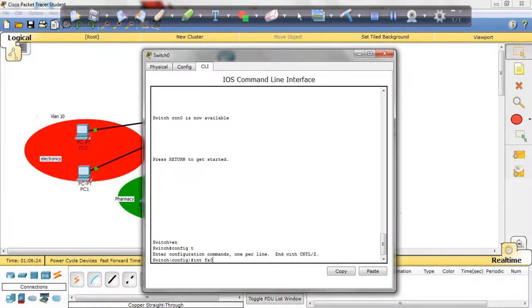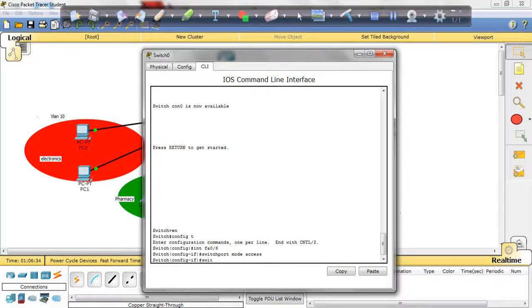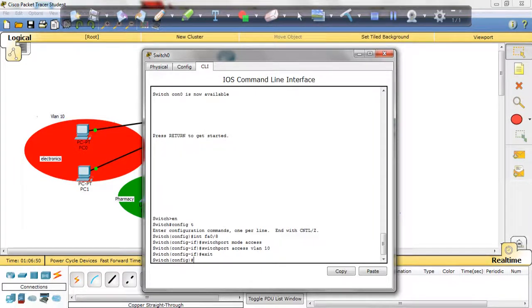Interface FA0/8. Port mode access. So we were making them access ports. Now we're assigning a VLAN: switchport access 10.